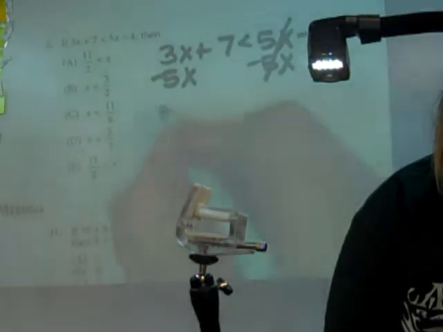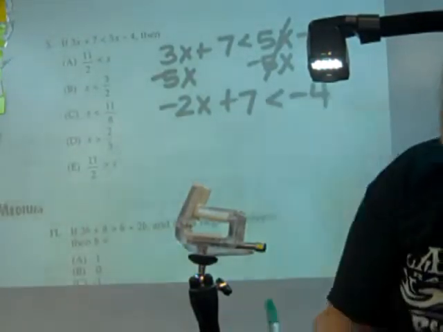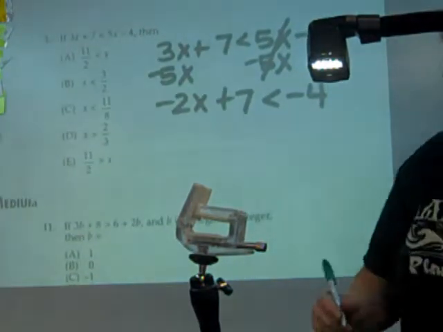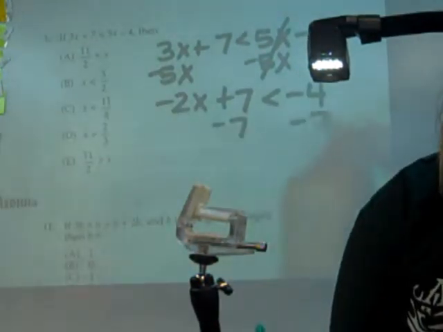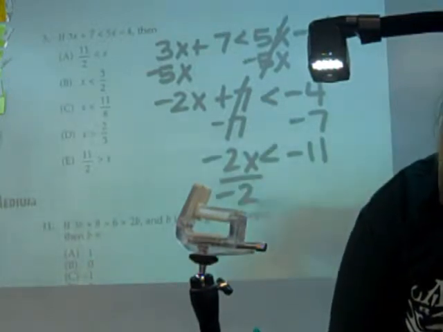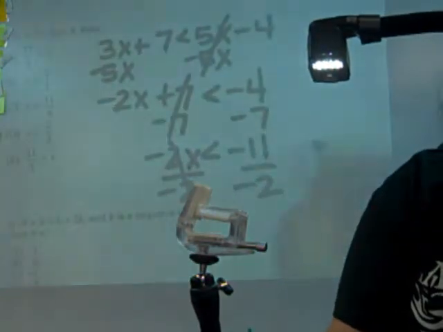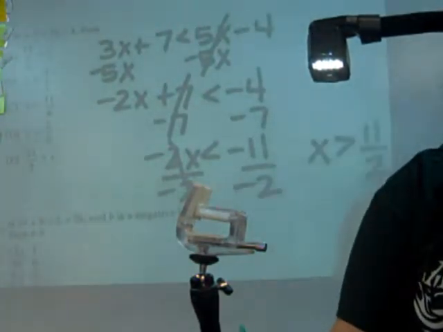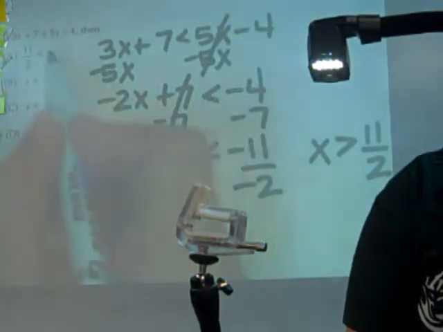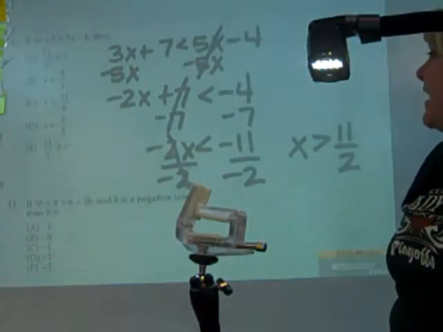So this would give me negative 2x plus 7 is less than negative 4. And then I solve for x. And I pay attention here that I'm dividing by a negative. So that's going to flip my inequality sign around. Okay, now I got x is greater than 11 halves.